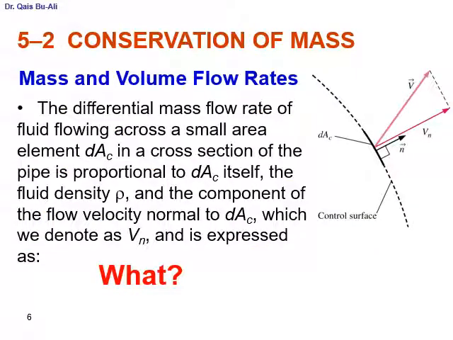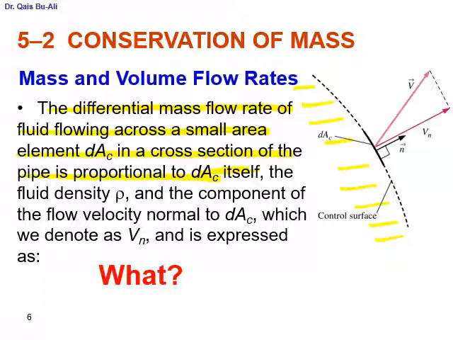Now let me start by trying to get an equation for the mass flow rate I want to derive. So the differential mass flow rate of a fluid flowing across a small area element dAc in a cross-section of the pipe is proportional to dAc itself. So suppose I want to know how much mass is crossing those boundaries. So I have this as my control surface.